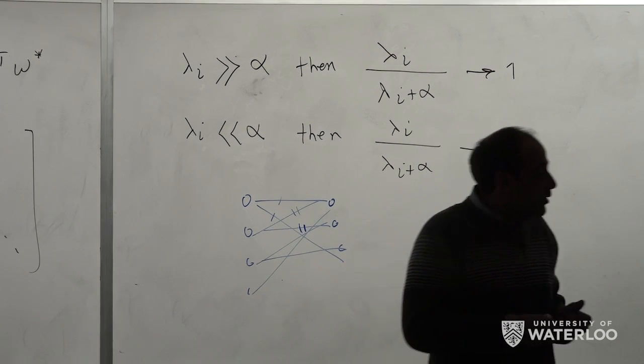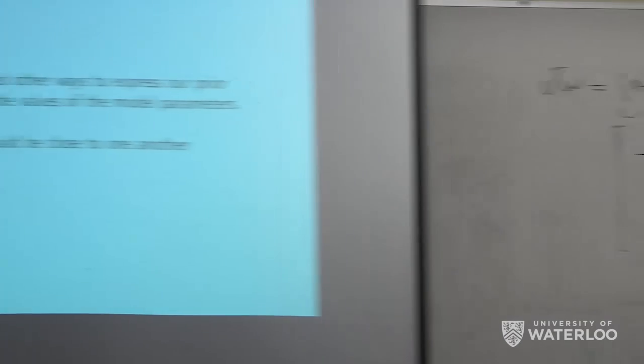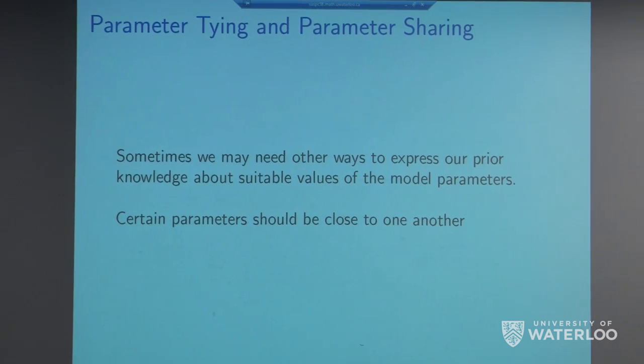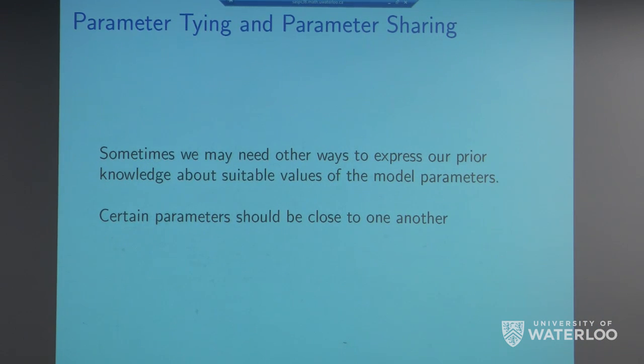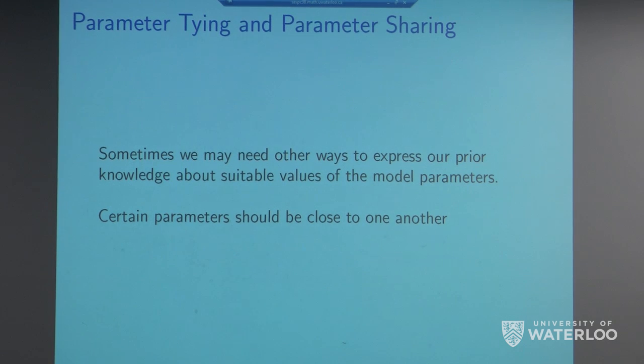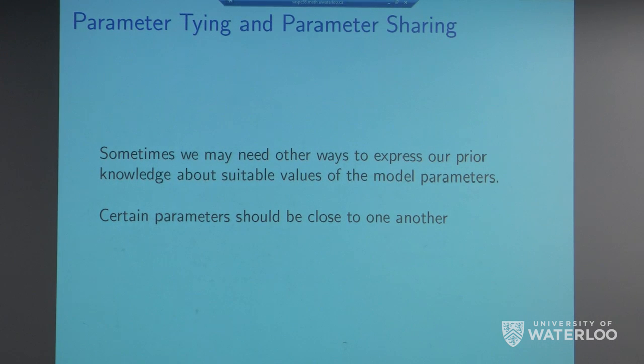So some weights will be shared or tied together. Later on in this course, you will learn about convolutional neural networks, and one of the properties of convolutional neural networks is that they share some of the weights. So that's another way of preventing overfitting, by designing the training in a way that the number of parameters is less, by making sure that some parameters share the same value.